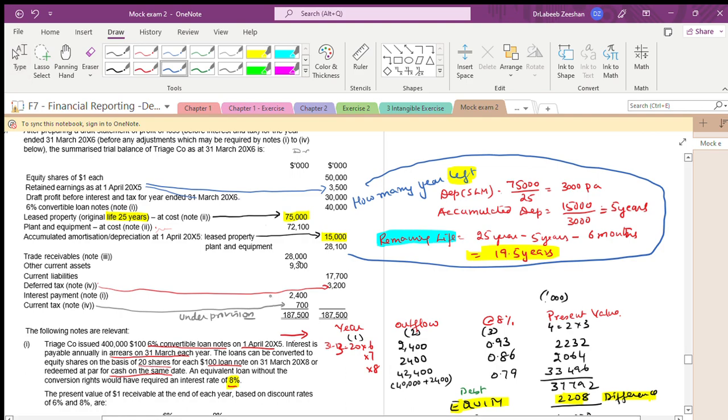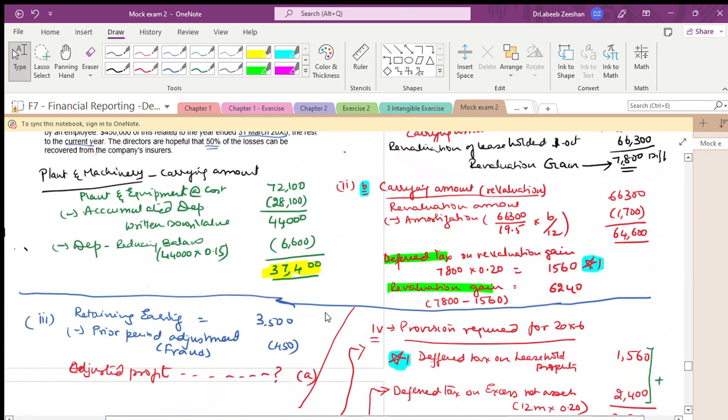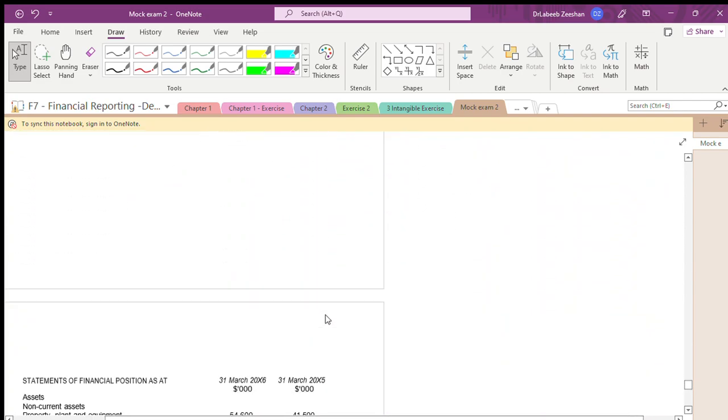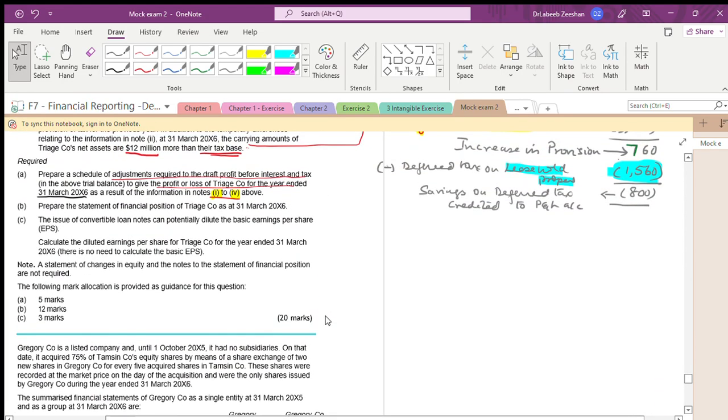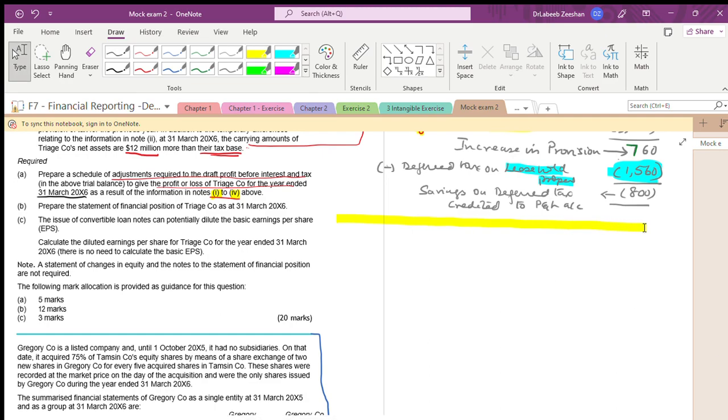How much is the profit before interest and tax? 30,000. You put this separately. We are not going to do this. Now put this one for point number A.